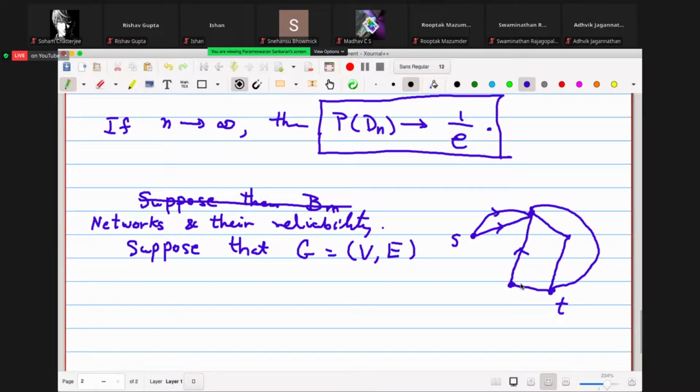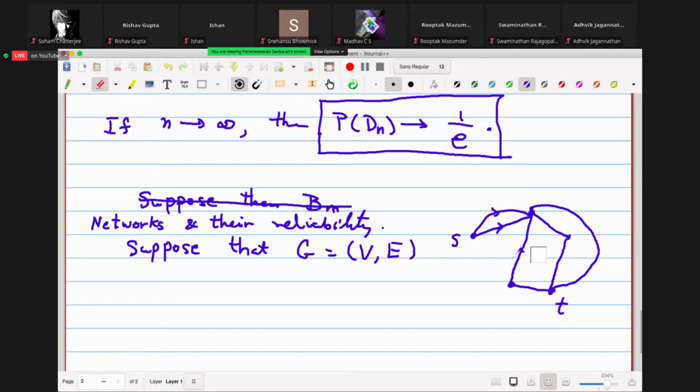It doesn't matter which direction things are oriented. What becomes relevant is only those which lead from source to target. So an edge like this is not going to appear because it has a source different from S. We ignore all the edges where there is no path which has that as a part.